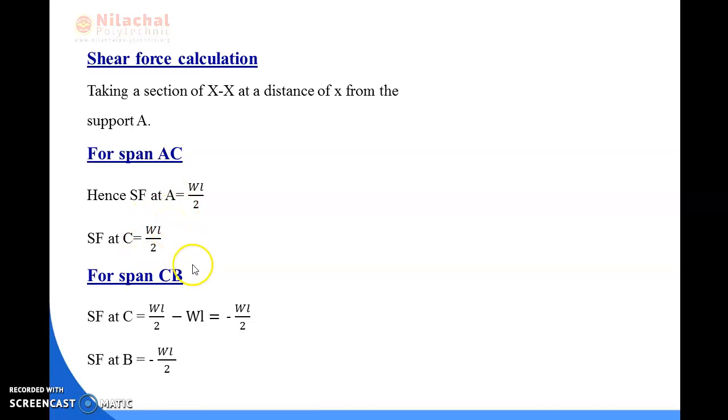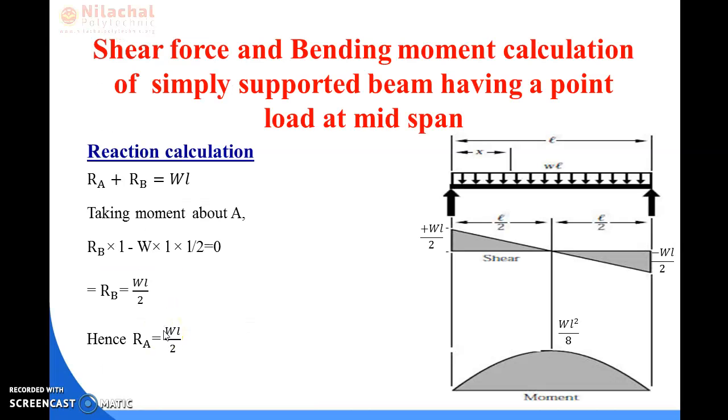So now the second half of the section, which is span CB. First of all, shear force at point C. From the span AC, whatever the shear force at point C, we put here first, that is WL by 2, and after that the UDL we have to consider.